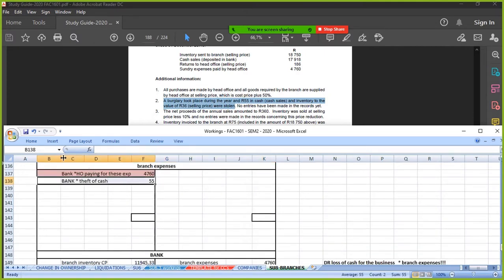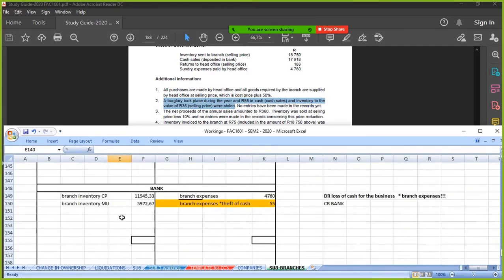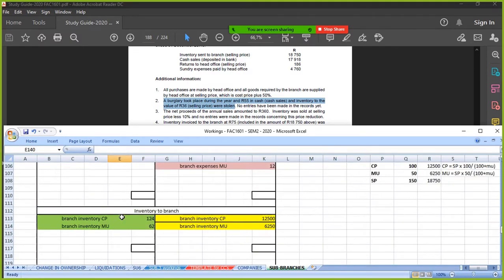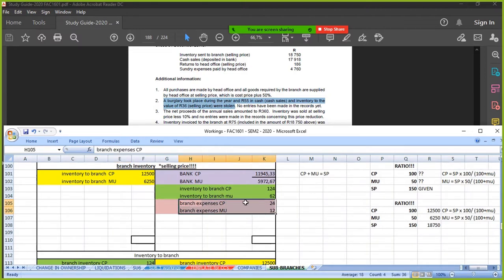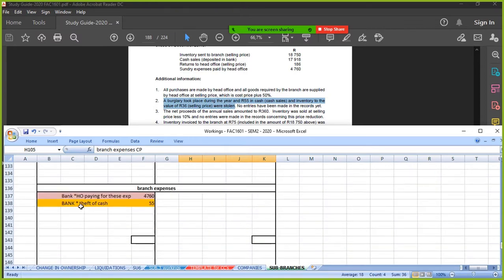And did I look at the inventory? Yes, that I looked at first actually. Where was my stock? Here, this bit. But I didn't provide for the other half. I've got half of it. I don't have the other half. My other half needs to go to branch expenses. Did I have it here? No, I didn't.